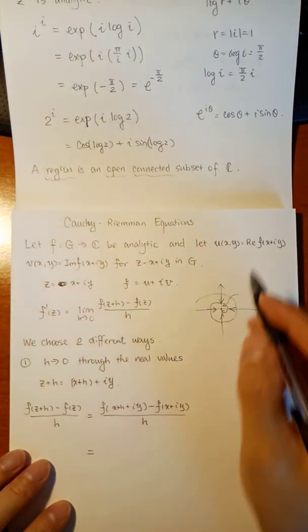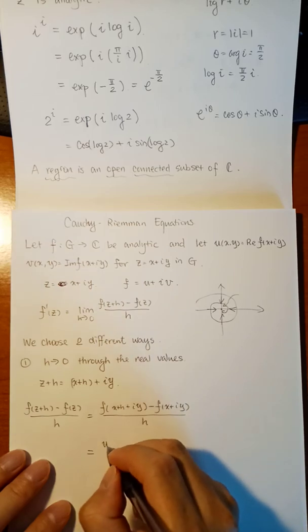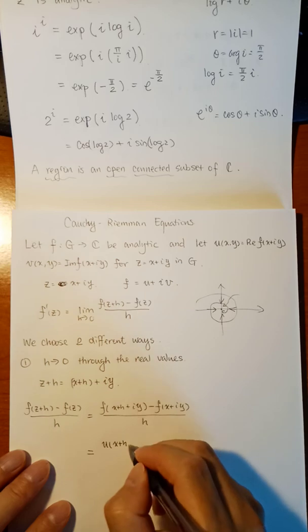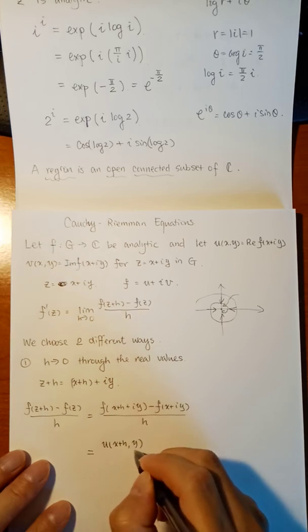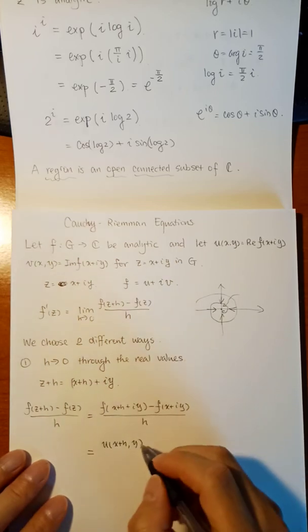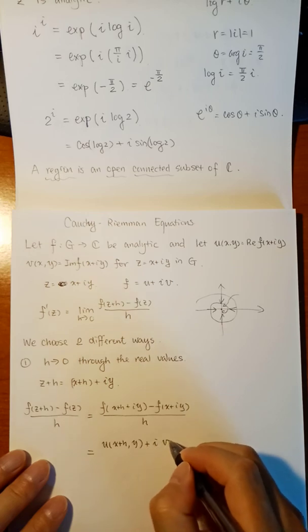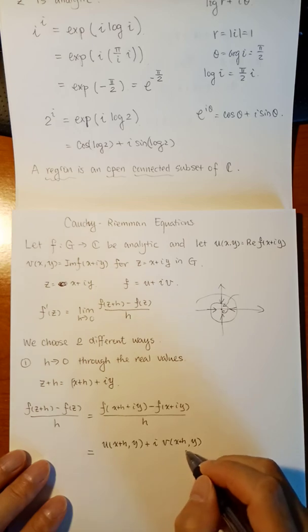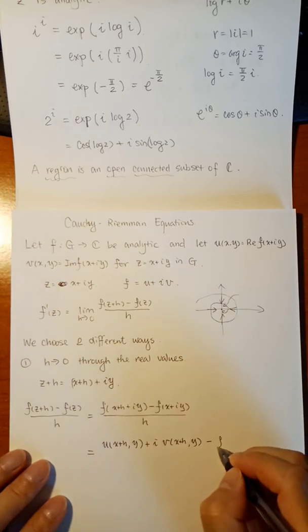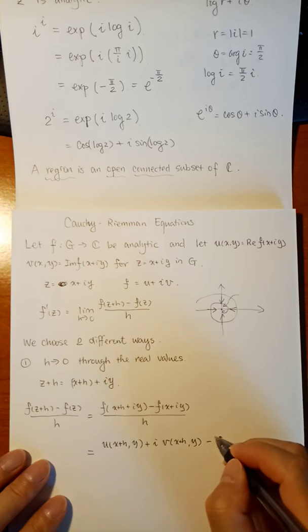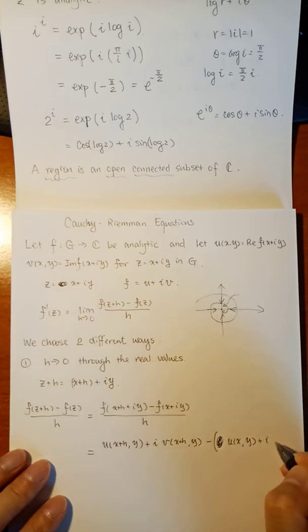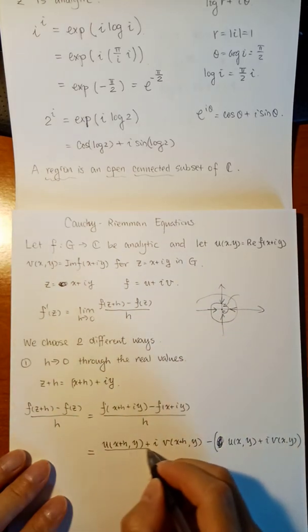So u, in this case, becomes u of x plus h comma y, and iv is v of x plus h comma y, minus u of x, y plus iv of x, y, over h.